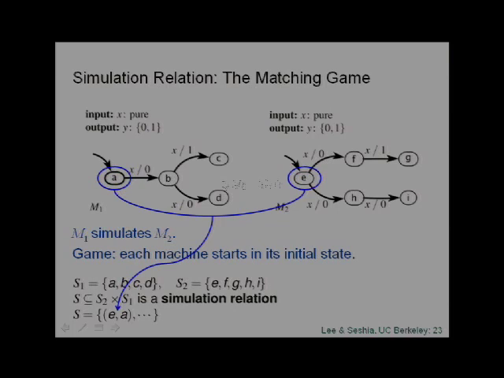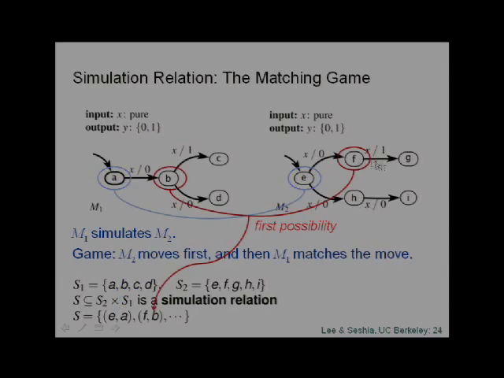So for every transition out of F, there is a matching transition from B. The transition from F to G is matched by the transition from B to C. Because of this, the state B of M1 simulates the state F of M2, so we can add F comma B into our simulation relation.